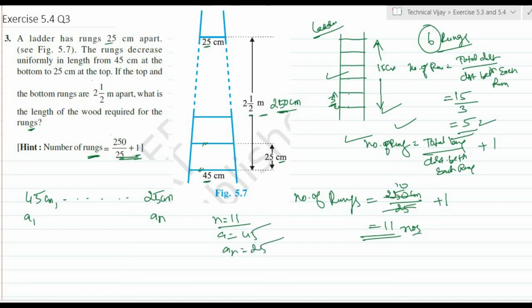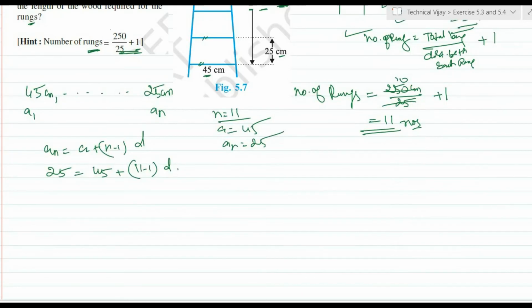So now we will calculate AN is equal to A plus n minus 1 into D. So from this, 25 is equal to A, which is 45, plus n, which we got as 11, minus 1, into D. So 11 minus 1 is 10, so 10D is equal to 25 minus 45.